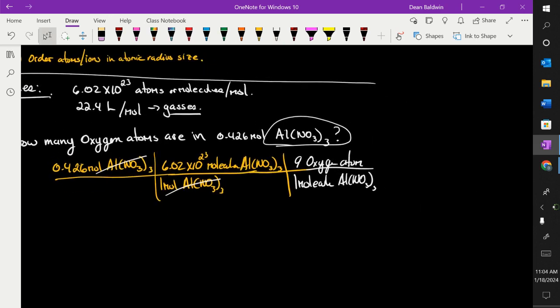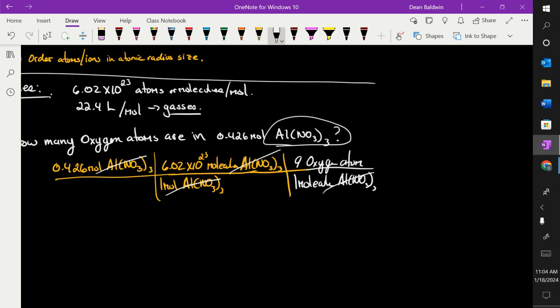Right? So then the molecules of AlNO3 would cancel out, and our units are just oxygen atoms. What you have in the numerator all gets multiplied together. What you have in the denominator all gets multiplied together, and then you divide those at the end, but the denominator is all just 1, so it doesn't matter.